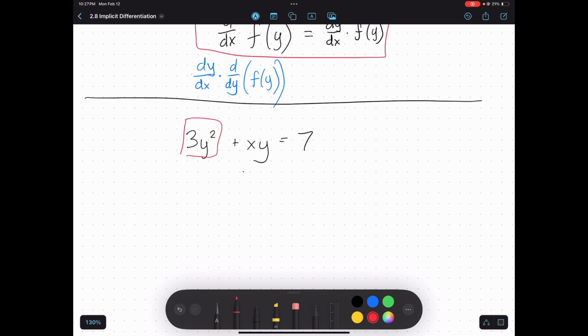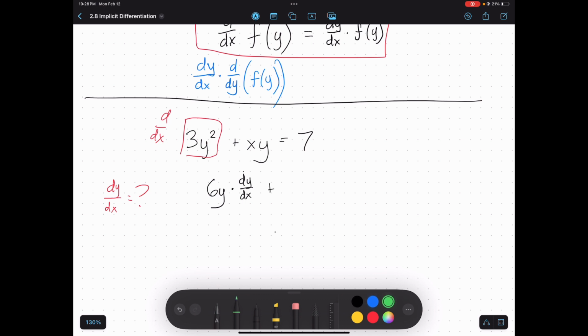So I have a function of y, but I want to take it in terms of x, right? Because I'm looking for what is dy over dx. Well, like we said before, all I'm going to do is take the derivative like normal, like it was in terms of y. I get 6y. But then when I'm done, I multiply it all by dy over dx.